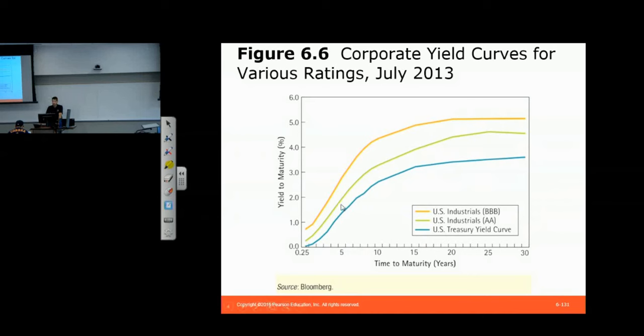For a 5-year AA rated corporate bond, so there's a little more risk inside of there, you're going to get paid closer to 2%. A little bit more risk, a little bit more yield demanded. If we step down to BBB, which is the lowest rung of investment grade, the market's wanting closer to 3% for those. And that's the typical relationship you see. As the credit risk increases, the spread increases. That is the difference between the Treasury yield curve and the yield curve for the risky corporate debt.